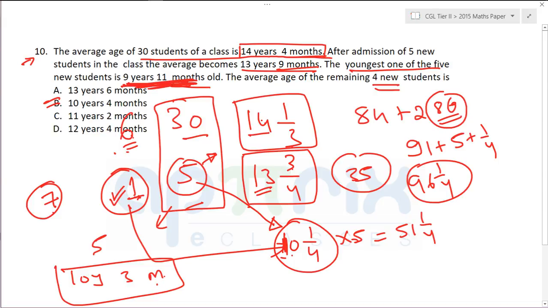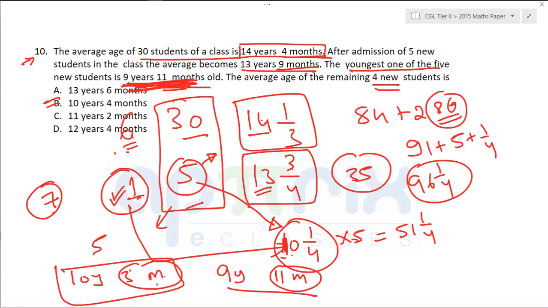One person I need to exclude, who is 9 years 11 months old. That has a gap of only 4 months, not more than that. So someone leaving the group is just 4 months less. The average will go up, but it cannot go up by more than a year. Getting my point or not?